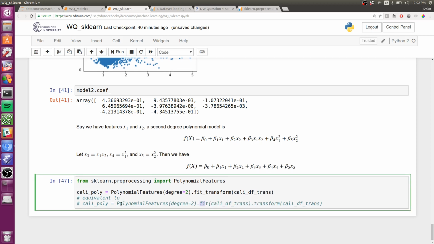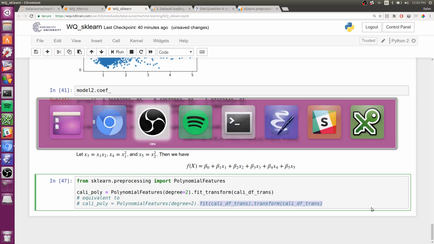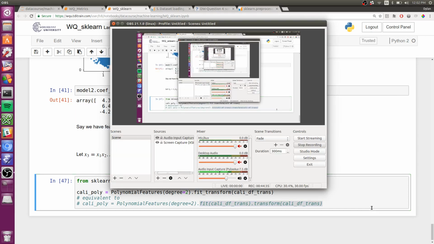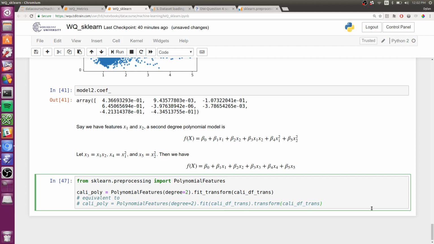In the class definition for polynomial features, or any transformer, in fact, the definition of the fit transform method is exactly this. And I'll jump into that in depth a little bit later. Just checking time. There's 2 more topics I want to cover.